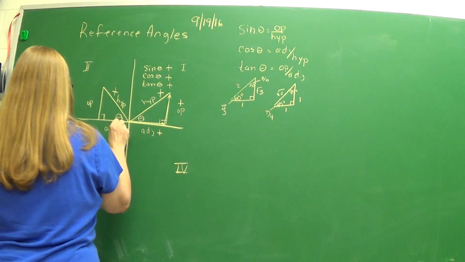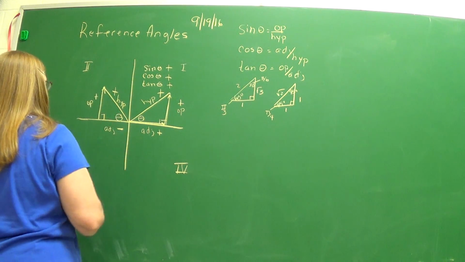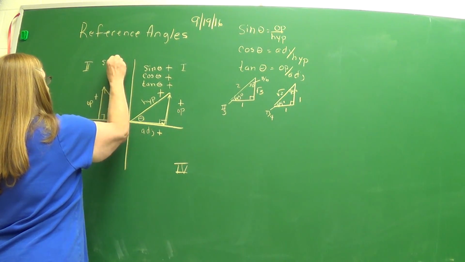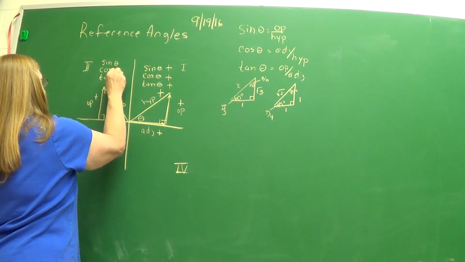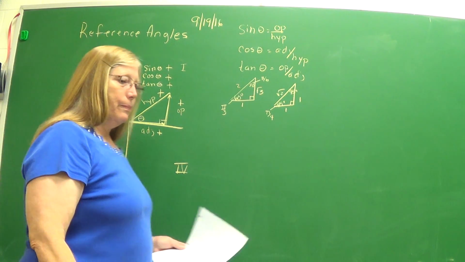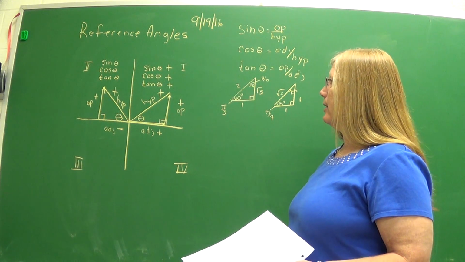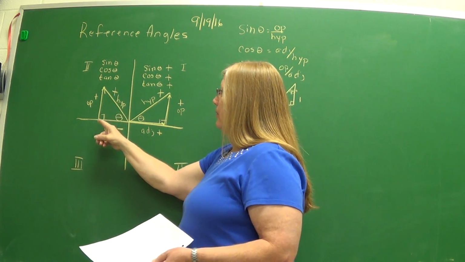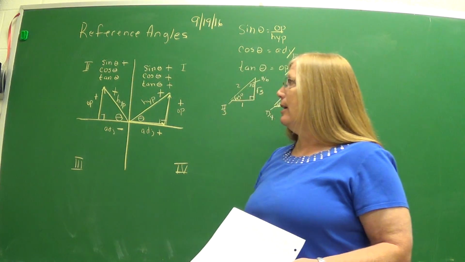And opposite goes up still, so it remains positive. But now not all of our trig functions are positive as they were in quadrant 1. So let's go through and find out which one is which. Sine theta, being side opposite over hypotenuse, is still made up of two positive portions.